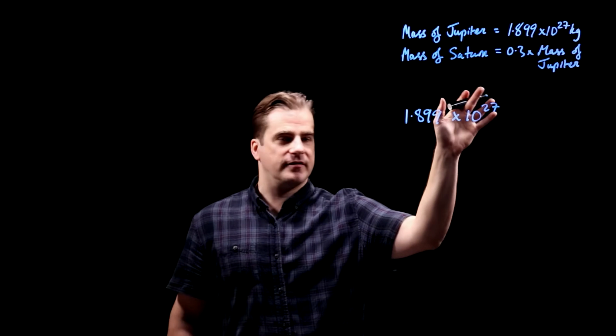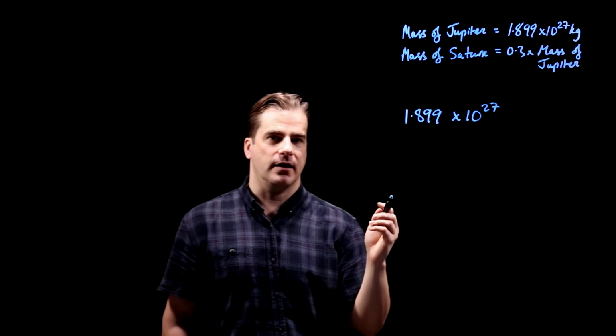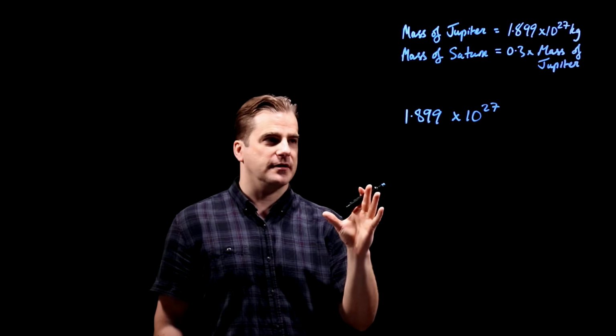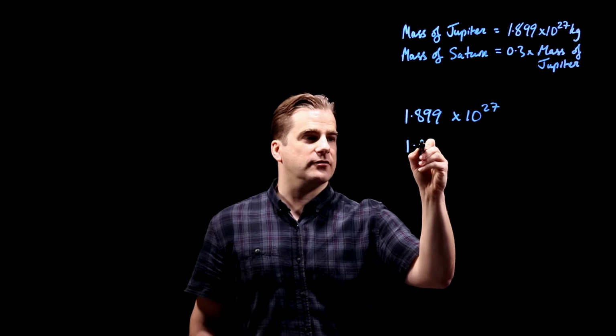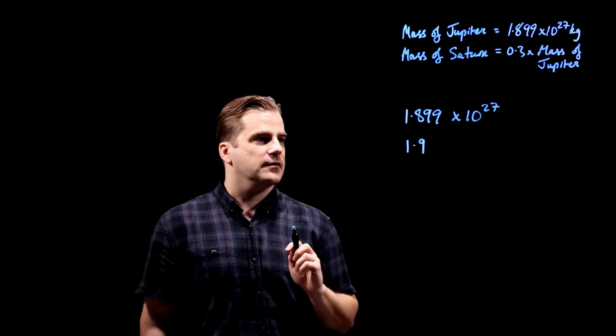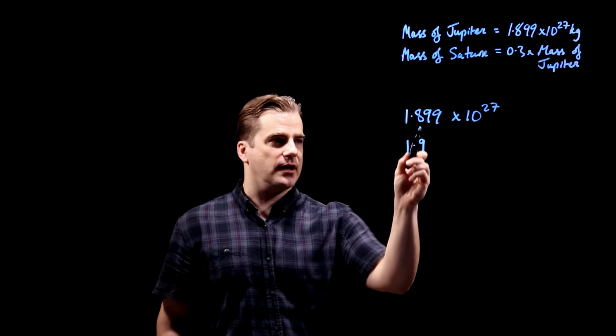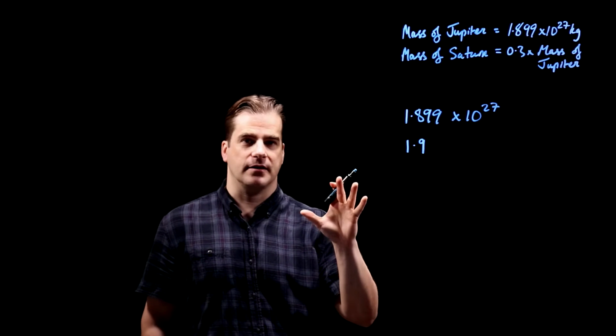So let's forget about the 10 to the 27 for the moment. Let's look at 1.899. Which number is that very close to? Well, it's very close to 1.9. Okay? And it's much easier to work with 1.9 than 1.899. And that's the whole idea behind estimation.